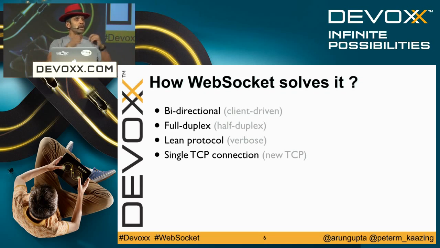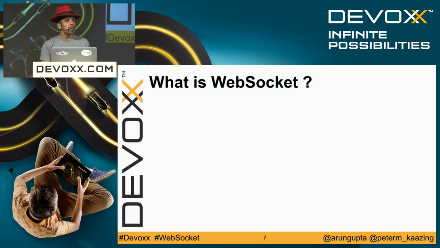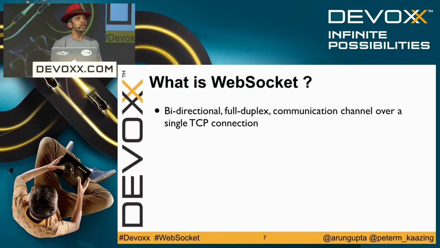Now they're exchanging unlimited data between client and server until one of the parties says, I don't want to talk anymore, and then they close the connection. So my one-line definition of WebSocket is, it's a bidirectional, full duplex communication channel over a single TCP connection. We emphasized each part of that in the previous slide.